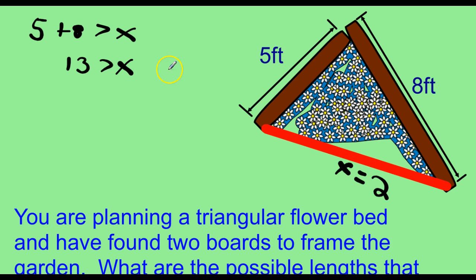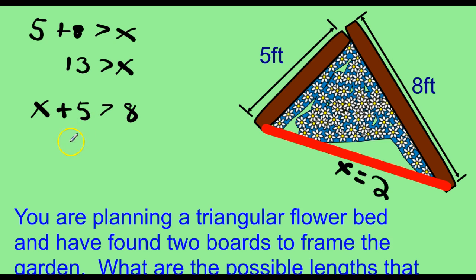So there's more than one inequality I have to solve here. Not only do I have to say 5 plus 8 must be bigger than this side, but I know that X plus this smallest side given, X plus 5, must be larger than 8.